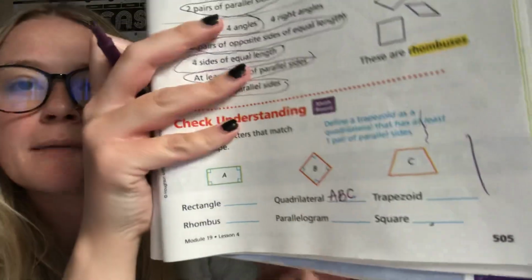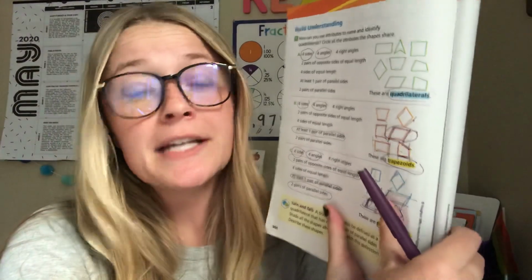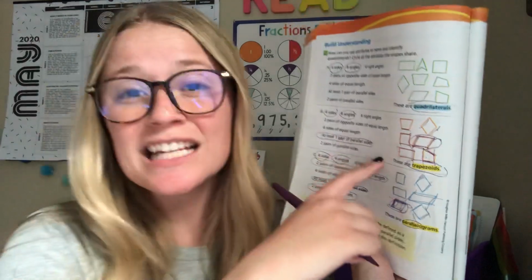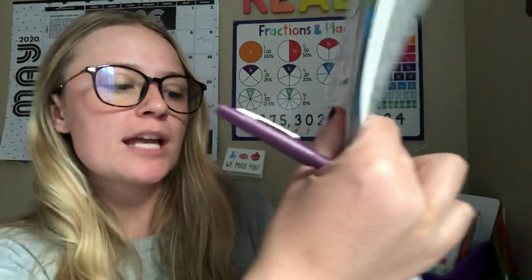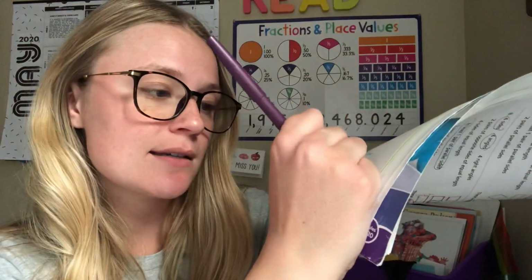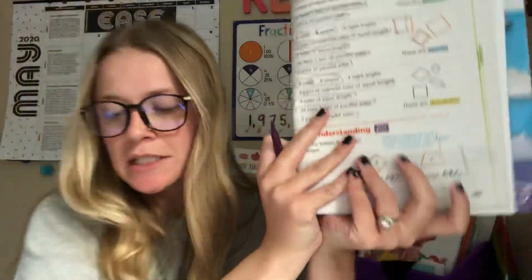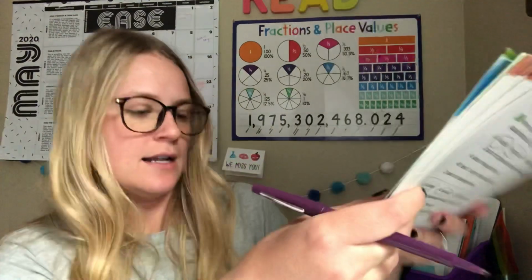Okay, so all 3. Now, the next one is a trapezoid. The only requirement for being a trapezoid is that you have 4 sides, 4 angles, and at least 1 pair of parallel sides. So do all these shapes have at least 1 pair of parallel sides? Yes. So they are all considered trapezoids. Wild, I know.